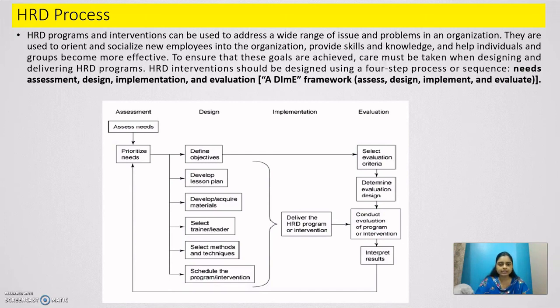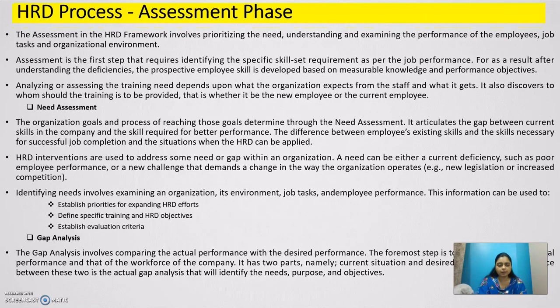You can see here, assessment includes assess needs and prioritize needs. Design includes define objectives, design, develop lesson plan, then acquire materials, select trainers, select methods and techniques, and schedule the program and intervention. Then implementing the program and then evaluating. So we will discuss these steps of the process in detail.